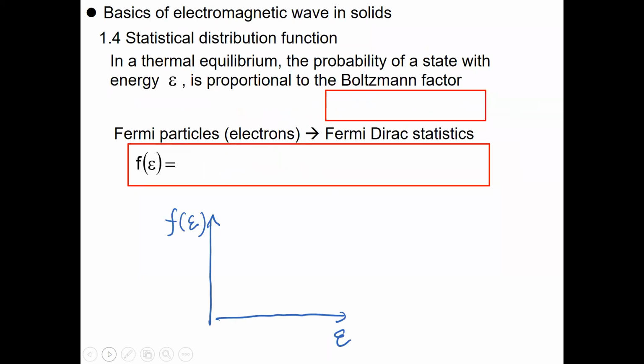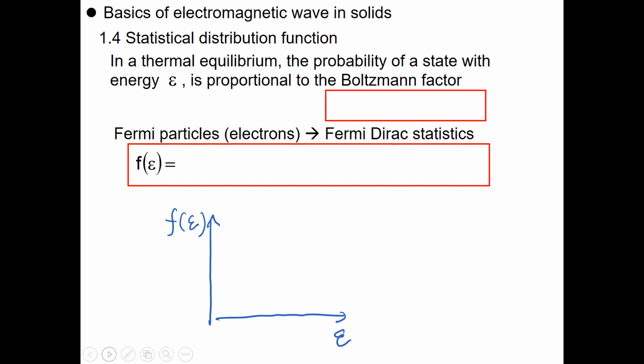And the last topic you have to know to understand the band structure is the statistical distribution function. This has already been studied, but let's review what it means again.